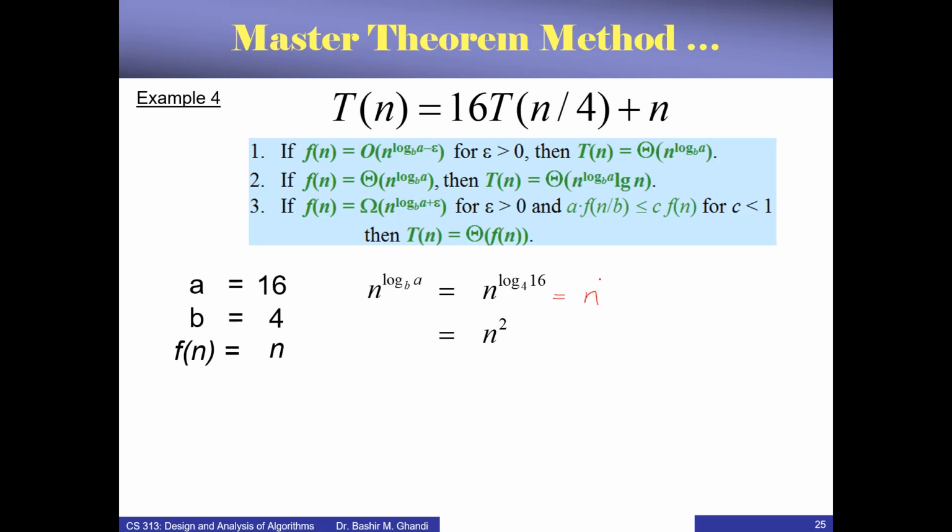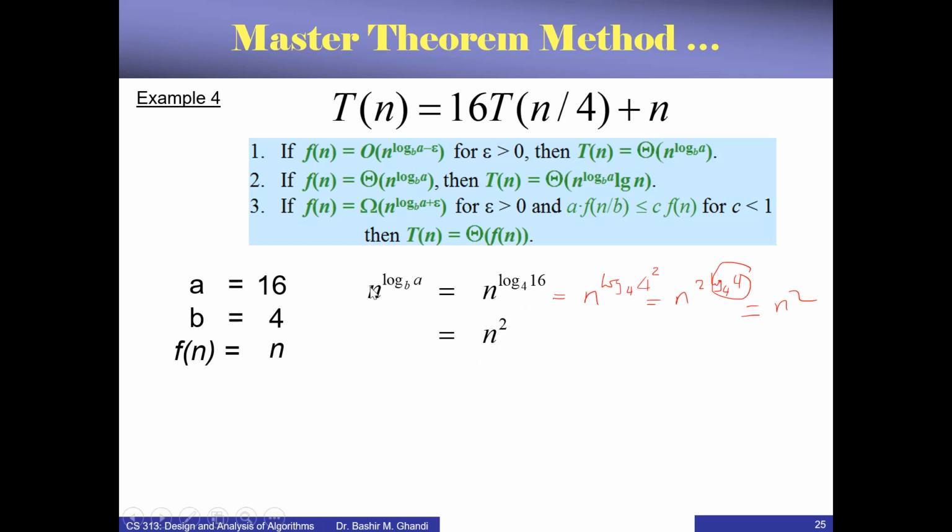Well, 16 is the same as 4 squared. So we can say this is n to power log of 4 squared to base 4. Clearly this is 2, so n to power 2 log of 4 to base 4, and this is 1. So we can clearly say this is n squared.